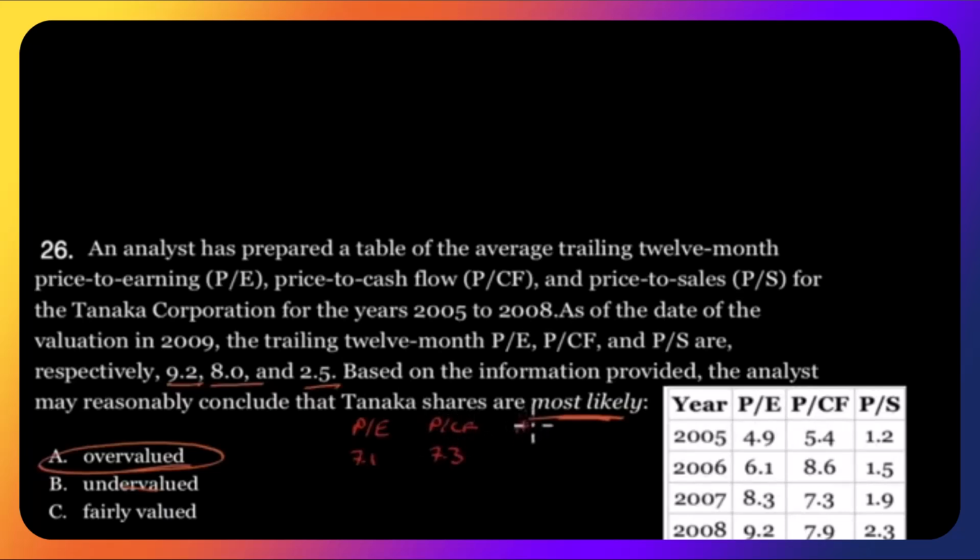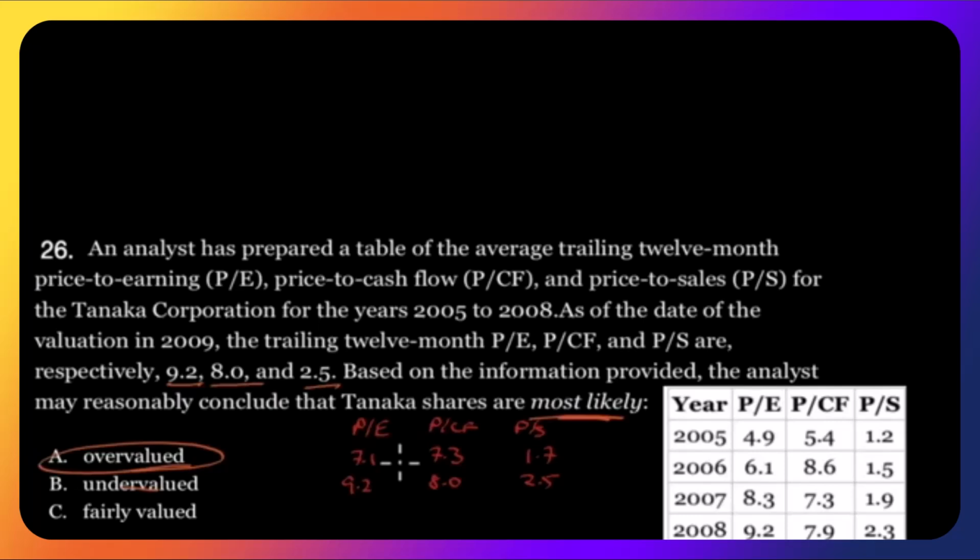And the average price to sales is 1.7. So 9.2 is higher than the average, 8 is higher than the average, 2.5 is higher than the average. So you could say, well, we're currently trading at higher than the average multiple, so we're probably overvalued or most likely overvalued.